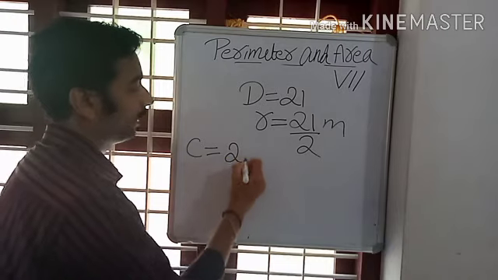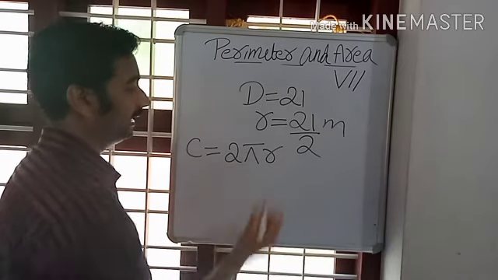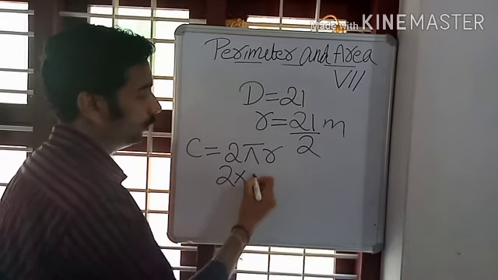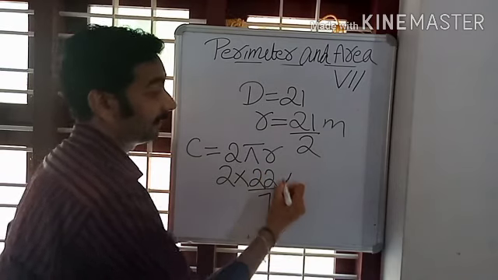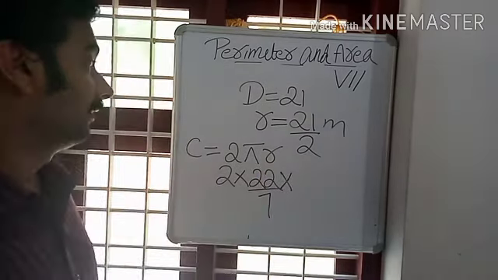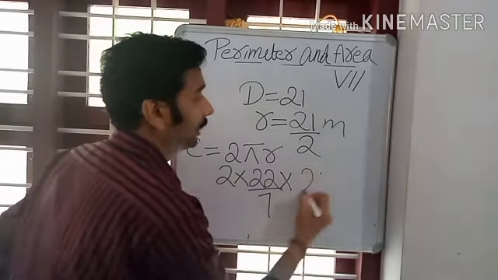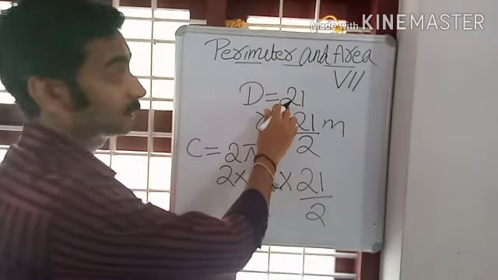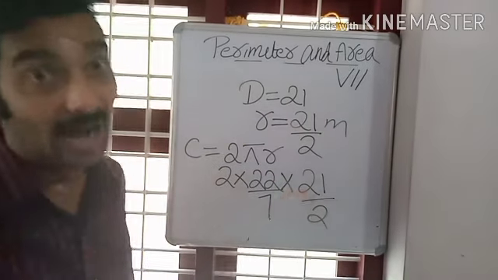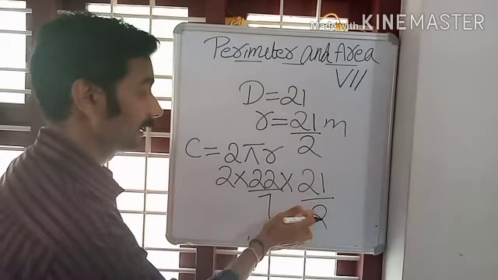Circumference equals 2 pi r, that is 2 into 22 upon 7 into 21 by 2.